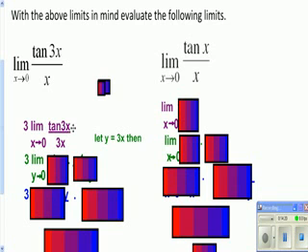Now, to technically use my basic trig limit, I can only have one thing here, not necessarily a 3 in front of it. So I'm going to let y represent 3x. So on the top, instead of having the tangent of 3x, I'll have the tangent of y. And remember, tangent is sine over cosine.